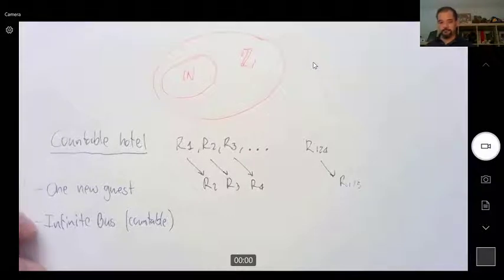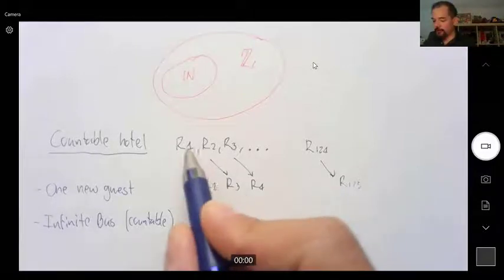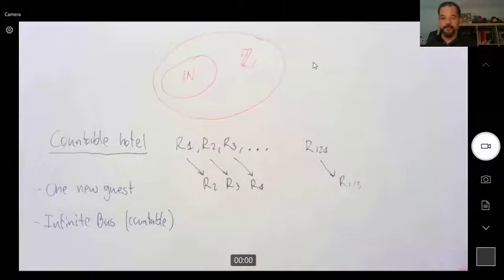Can you explain how it's countable even though it's infinite? Does that mean you're just going to keep counting? Countable means it is infinite and in one-to-one relationship with the natural numbers. Countable means I can say the first, the second, the third, the fourth, etc. Does that make sense?